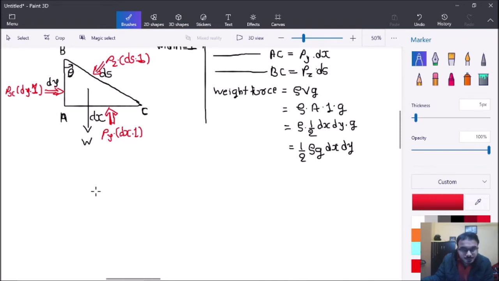forces again. So here this will be Px dy, this will be Py dx.